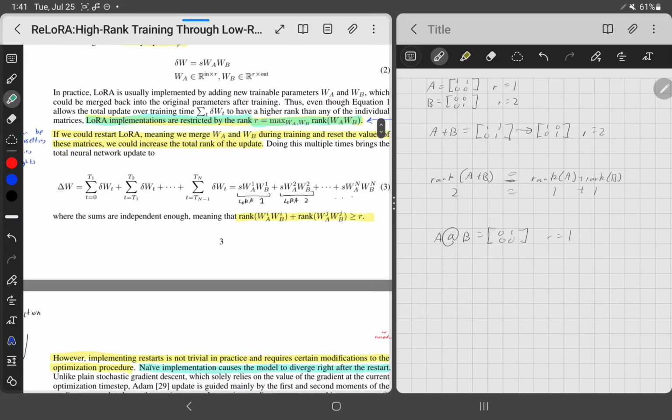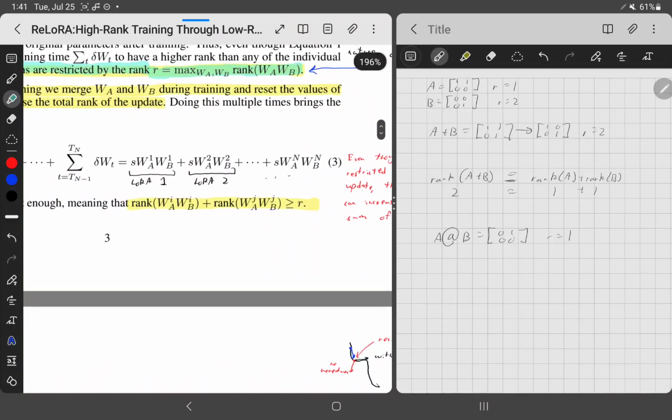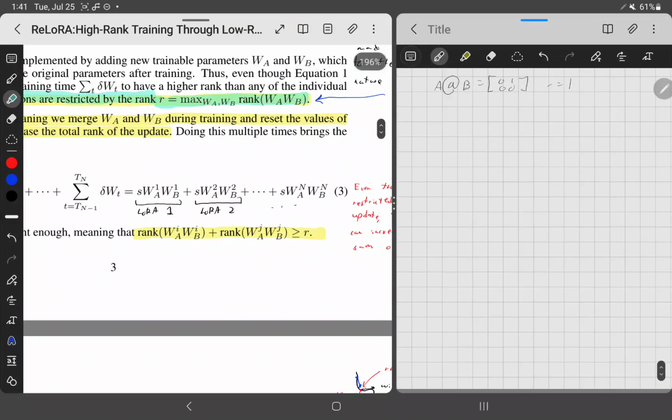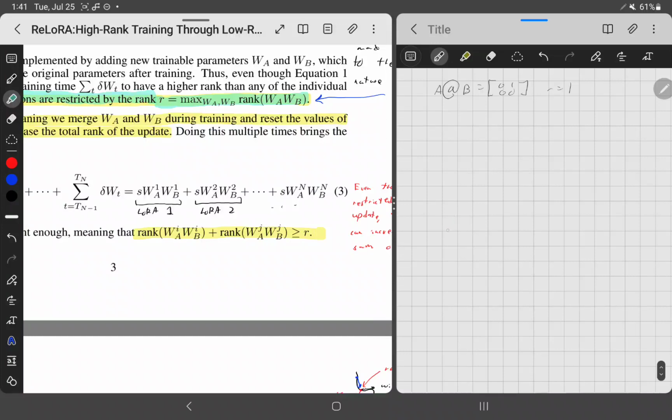So basically the idea is, let's say we have some number of epochs, and we start with our original weight. Maybe this is 0, and this is 100,000. It's a lot of epochs, but whatever.